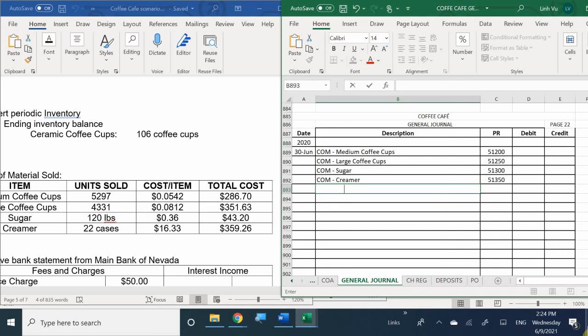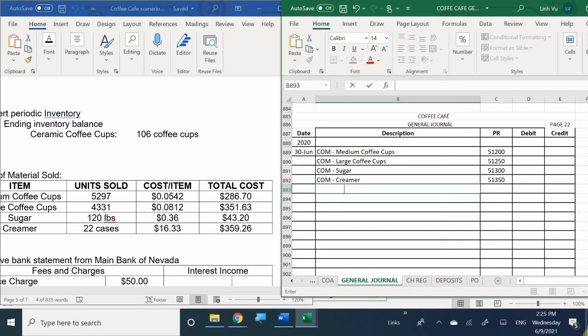Anybody give me a hint? Let's see. Those are the cost of goods. This is the cost of material. So if I sold a total of 5,297 cups, I go back to operating costs, but I'm not sure if that's correct.